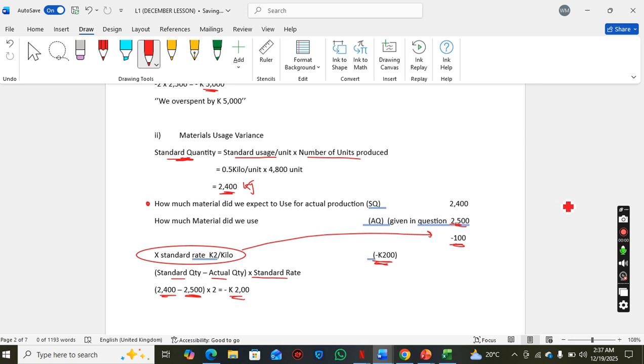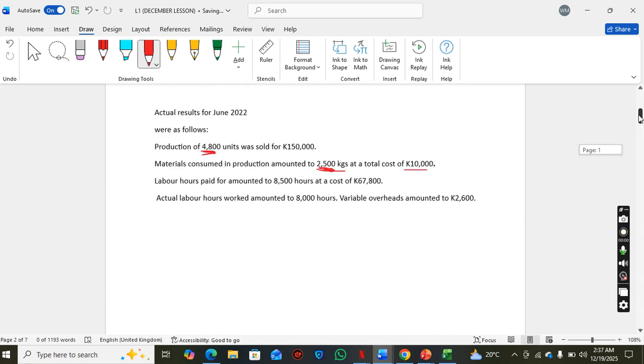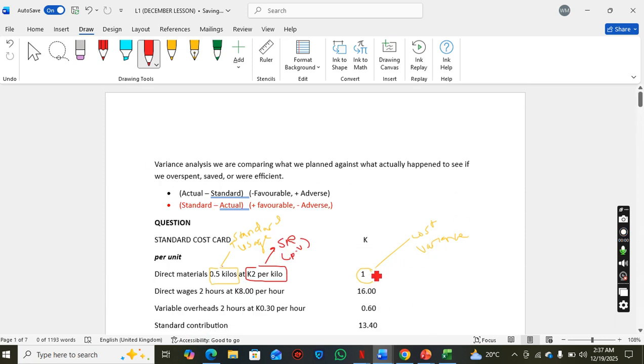Then finally we're going to the total material cost variance. We want to find out how much we expected to pay in total for our materials versus how much we actually paid in total. For our material cost variance, we can use the direct materials cost per unit.